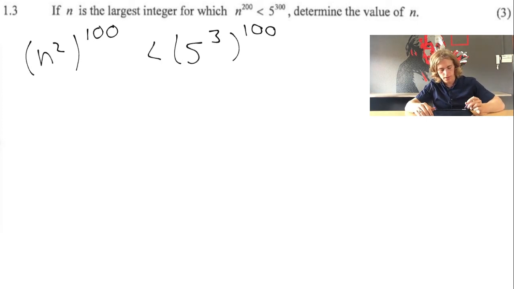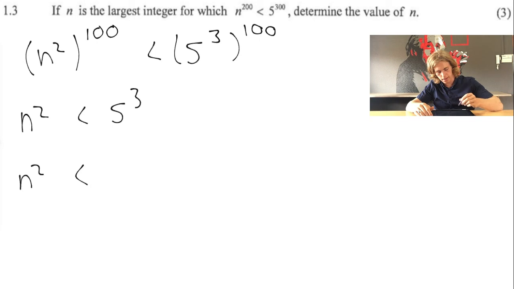So if we now 100th root each of these terms, we will then be left with n squared is less than 5 cubed. Now if you look on your calculator, 5 cubed is 125.